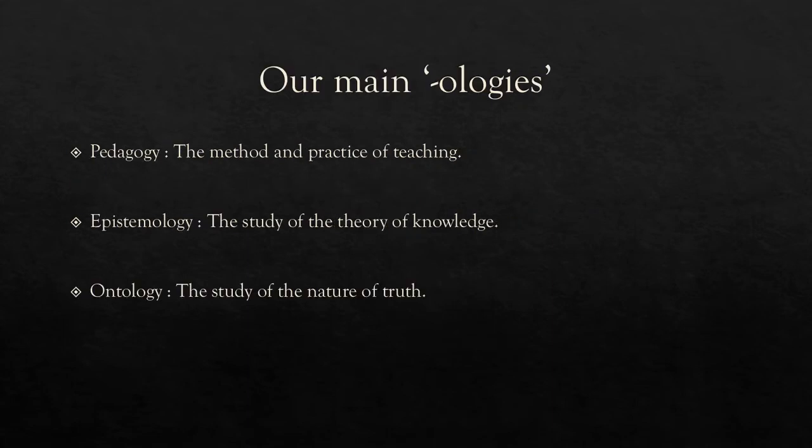So I want to start at the beginning, and this is our three main ologies, as I call them here. So we have pedagogy, epistemology, and ontology. Pedagogy is the method and practice of teaching. It's the way we think about our teaching.